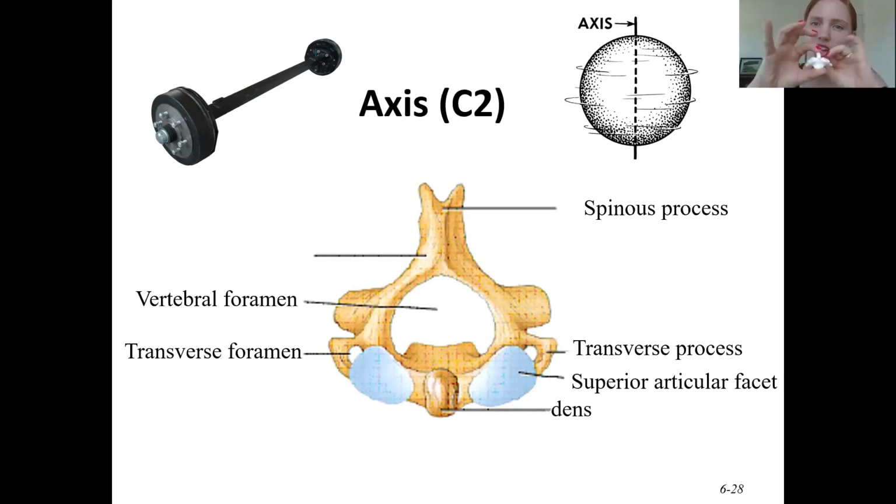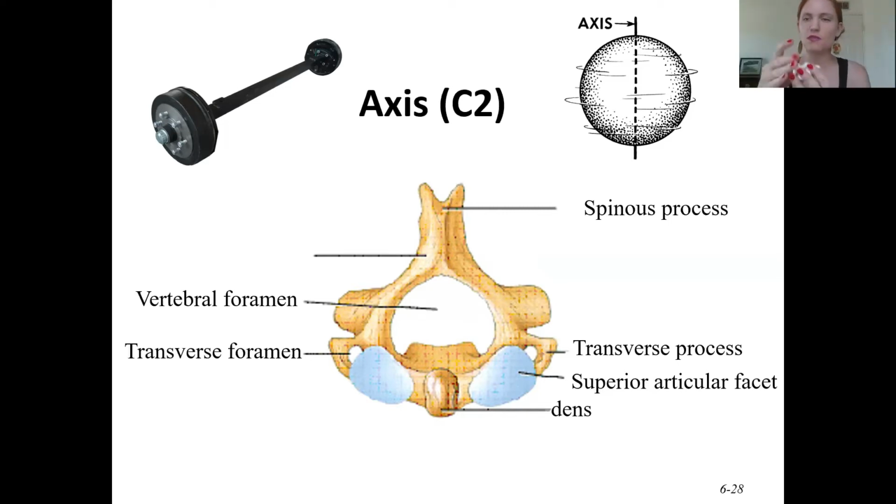Now, what is an axis? If you think about the earth spinning on an axis, that just means it has a line down the middle, a point that it spins around. So this is called the axis because it has an axis that everything else spins around.